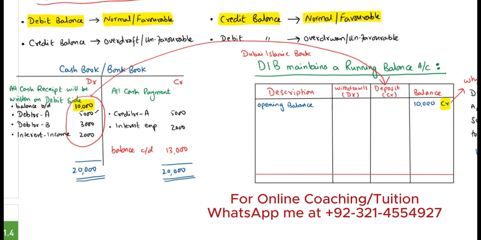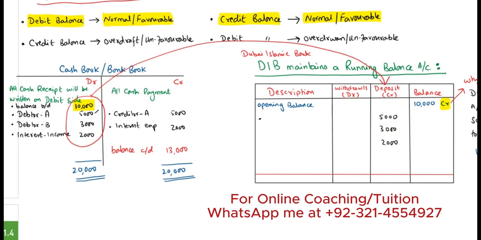Okay, just like this. Check my speed. So here is a debit balance. Now debit debtor A 5,000, 3,000, 20,000. So I blindly write here 5,000, then 3,000. I am not bothering about the concept. I know that the debit will be written on the credit of the bank account.